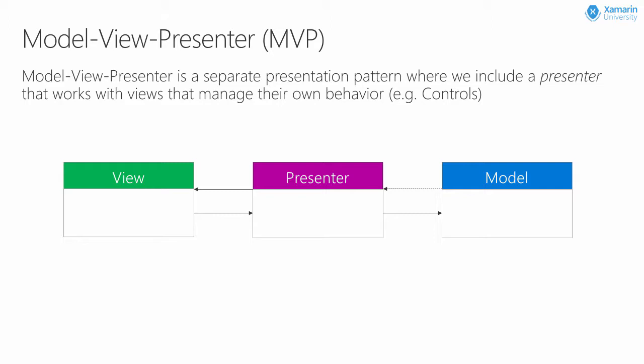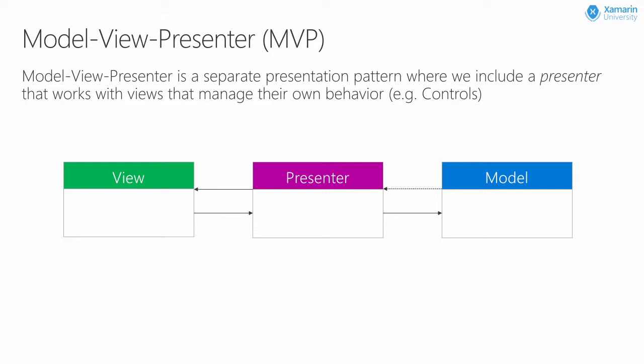When the view notifies the presenter that the user has done something, clicked a button let's say, the presenter will then update the model and synchronize any changes between the model and the view. If the model changes independent of the presenter, it will implement some type of observer or notification pattern, and the presenter will then push those changes over to the view.